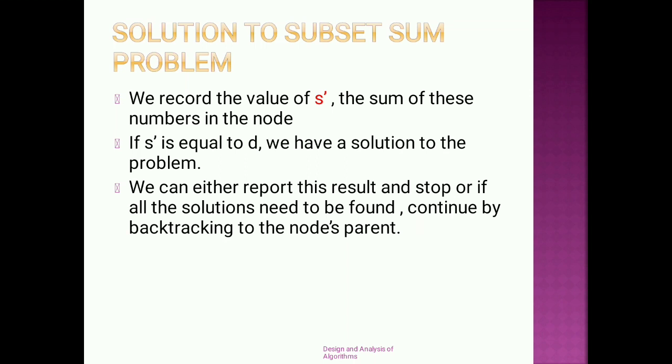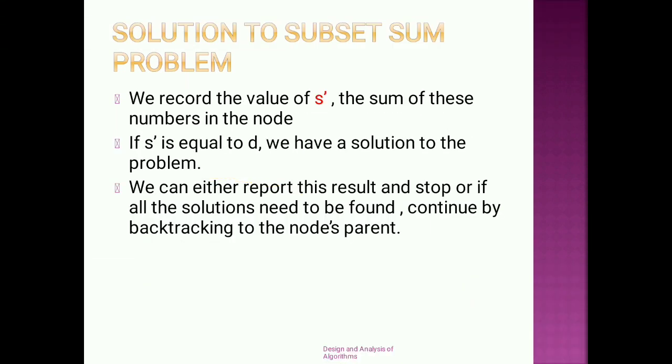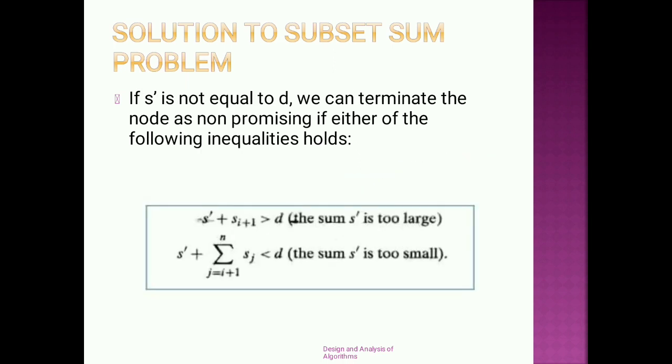You write that in the node, as the value of the left child. So you continue like this, and when you reach the end, you have to stop or terminate the node.